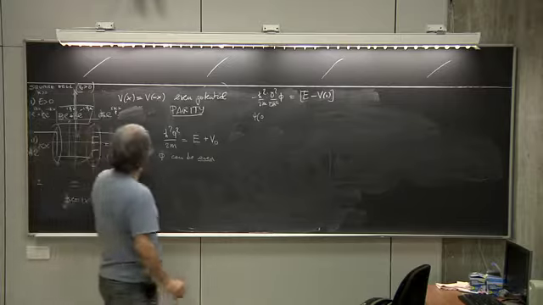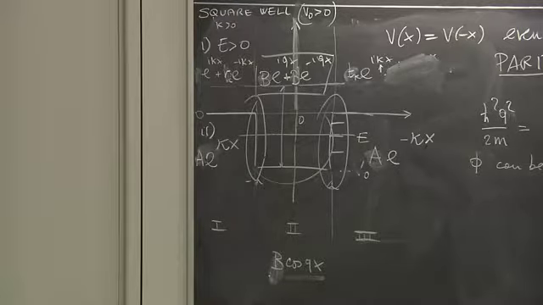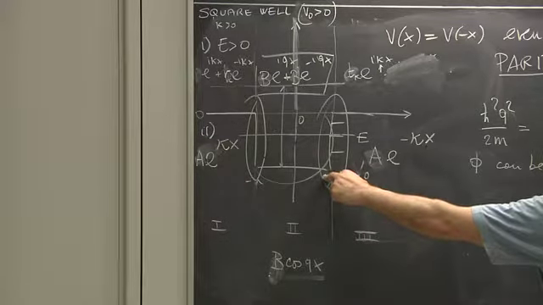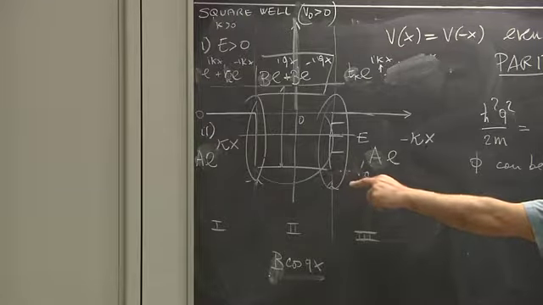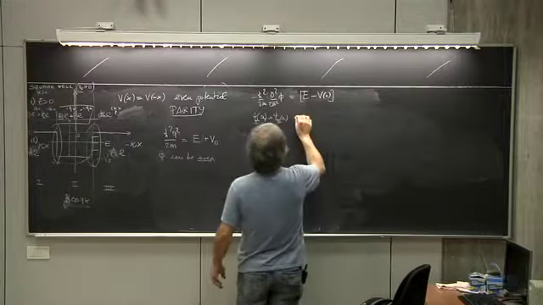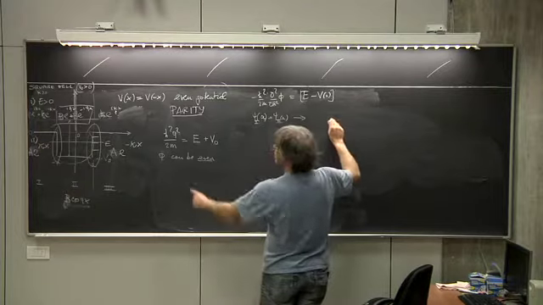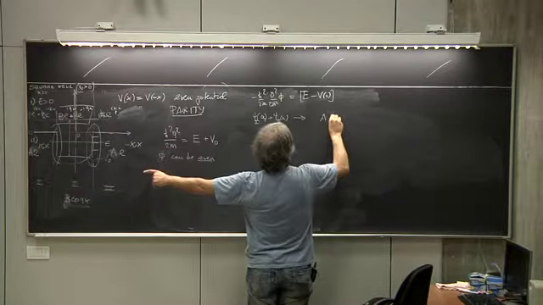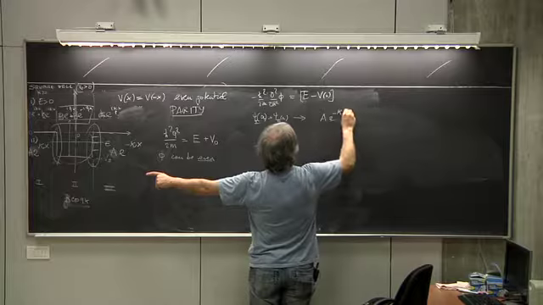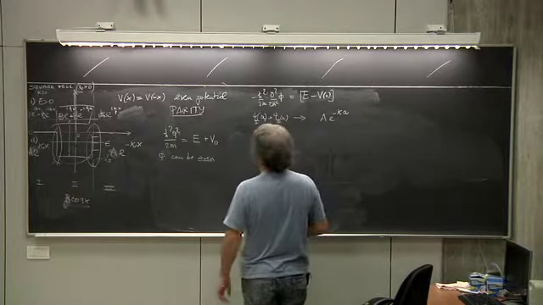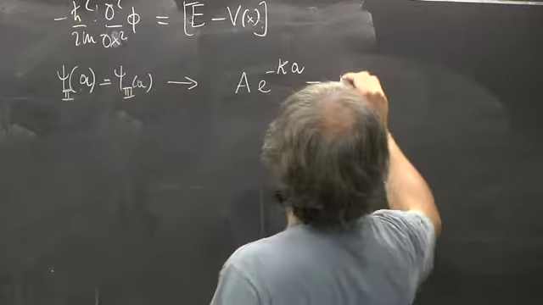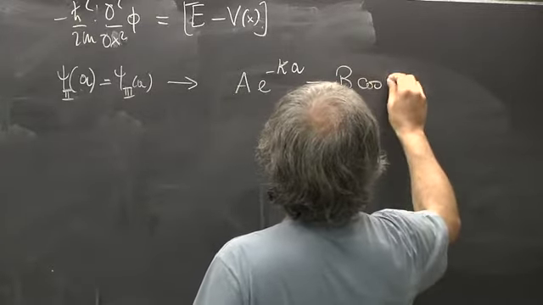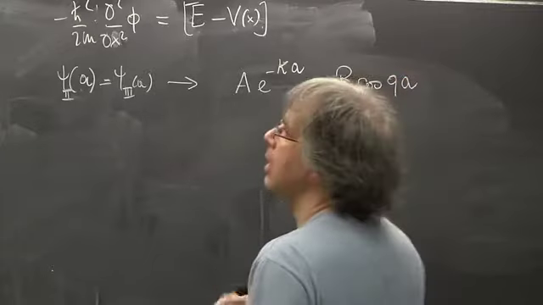Okay, so let me write the continuity: psi at A in region 2 is equal to psi in region 3 at A. So this implies immediately what? The fact that A e to the minus kA is equal to B times the cosine of qA.